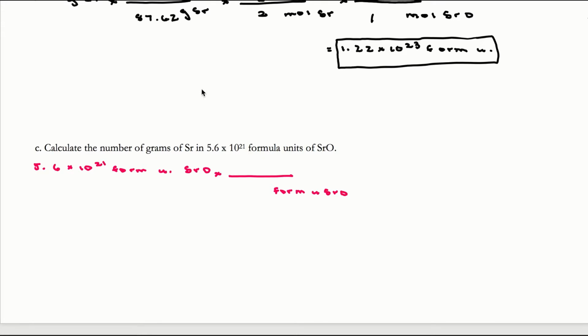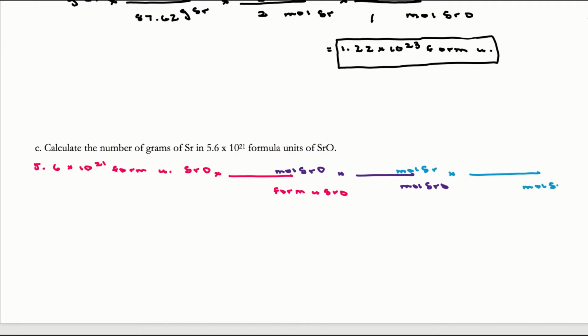Then for moles of strontium oxide, just like before, I can get into moles of strontium. And once I'm in moles of strontium, then I can get out of moles and get into grams of strontium.